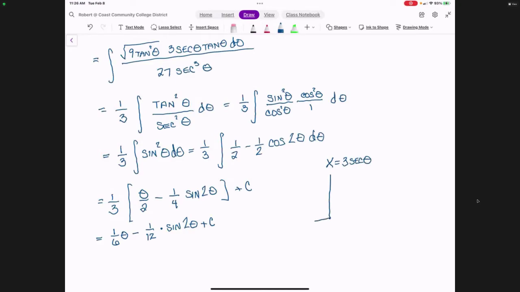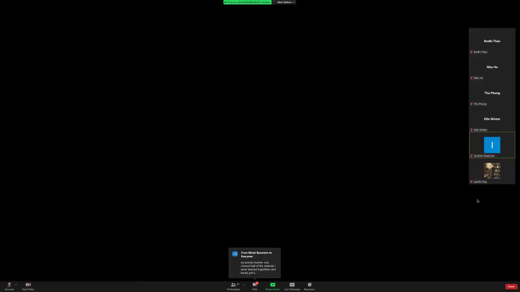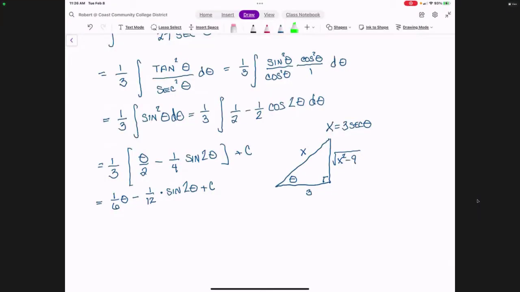So if we draw the triangle, the secant of theta is x over 3, and so this would be x squared minus 9. Now here is where we have an issue. I don't have theta, I've got 2 theta. So we need to use an identity here.